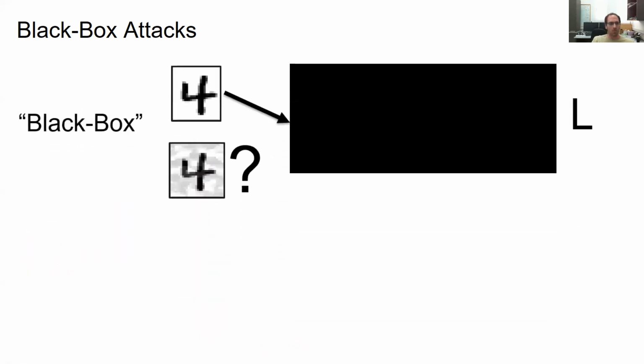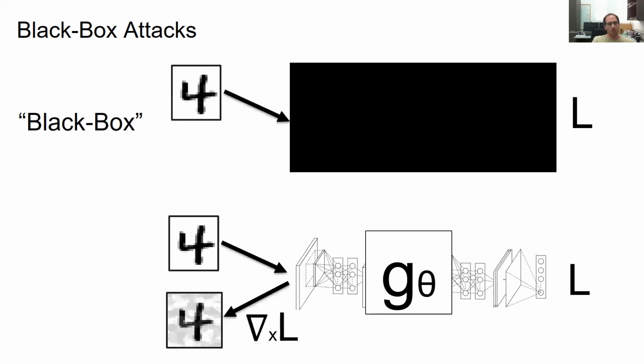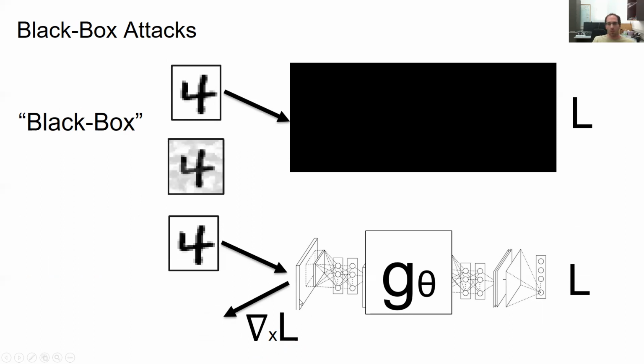Let's put our black box here for a moment. We can take another model of ours, train it on what we think is the same data that the black box model was trained on, generate adversarial examples using this model of ours, and then feed them to the black box.